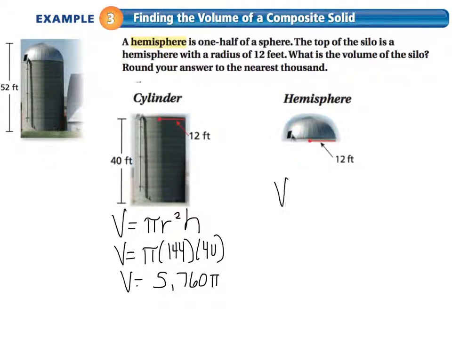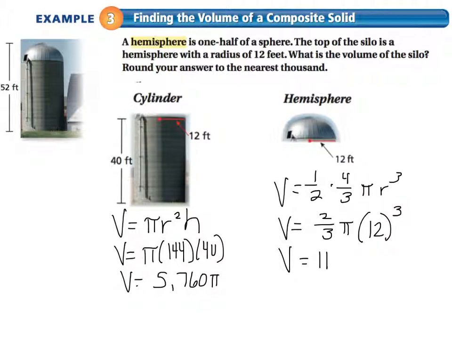Now the hemisphere is going to be 1/2 of 4/3 pi r cubed. So that gives me 1/2 of 4/3, which would be 2/3, pi radius cubed.